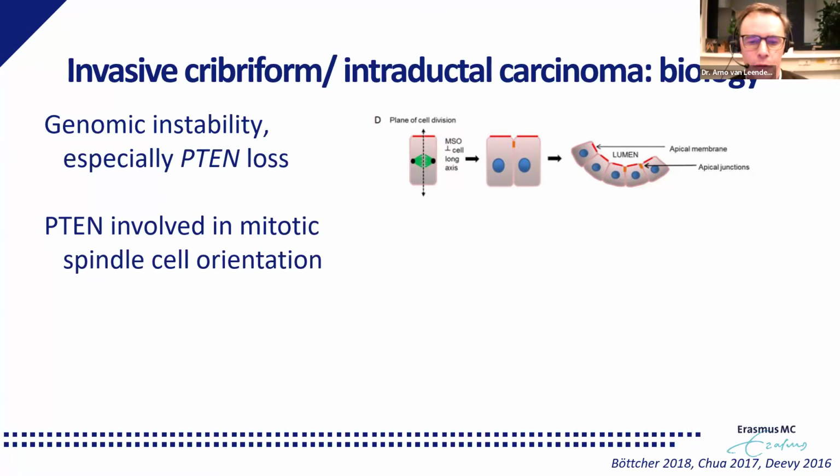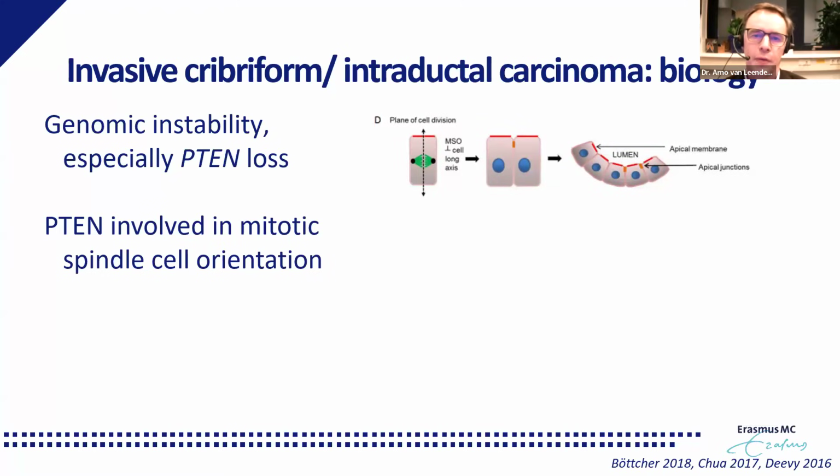So why is cribriform pattern so closely related to this worse outcome? Well, the why question is always very difficult to answer in pathology, but there have been some quite interesting studies from a group in Ireland, from Davy, and they have been looking at CACO cells, so cell lines from the colon.